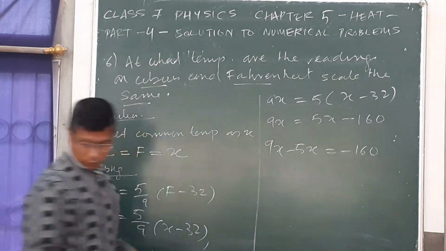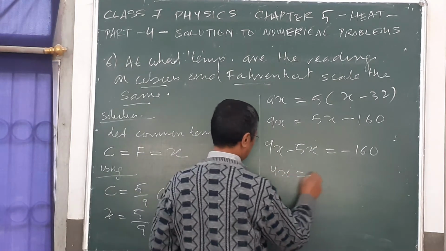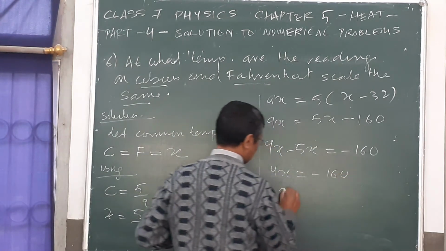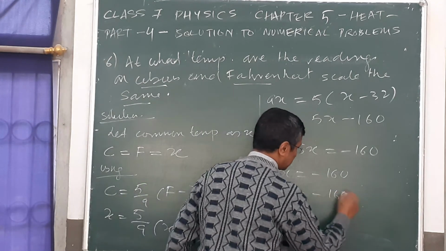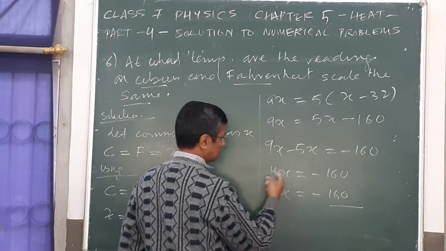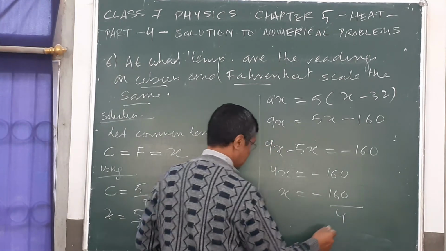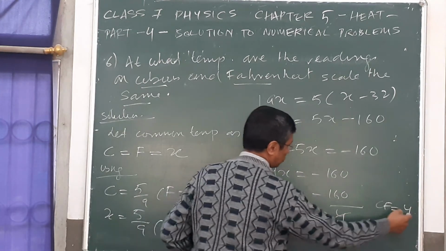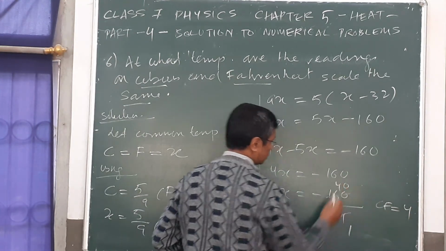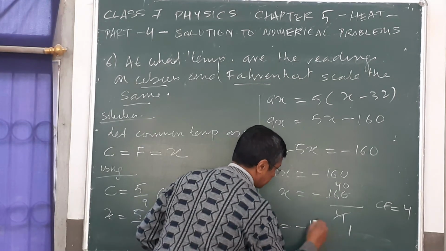So 9 minus 5 will give us 4x is equal to minus 160. So this is multiplication, on the other side will become division. So 4 into x will become 160 divided by 4. So let's reduce this. The common factor here happens to be 4. 4 1s are 4, 4 4s are 16, and 4 0 times 0. So x is equal to minus 40.